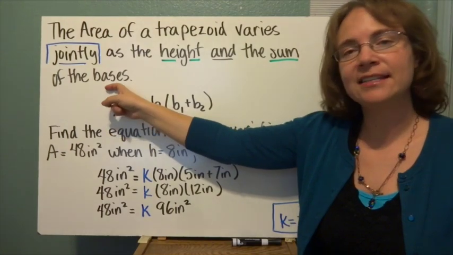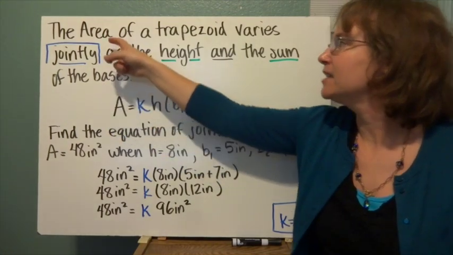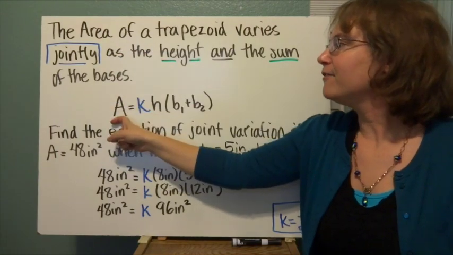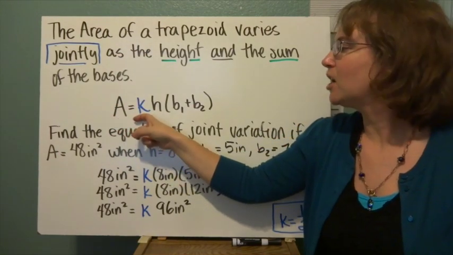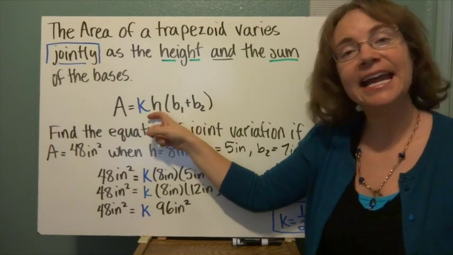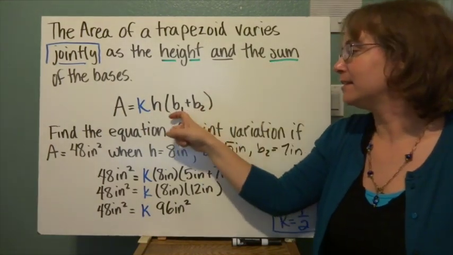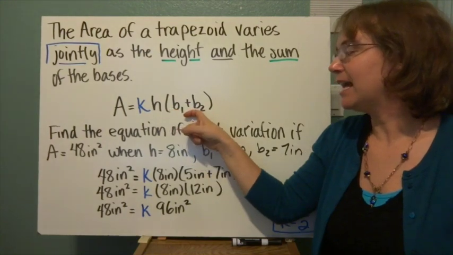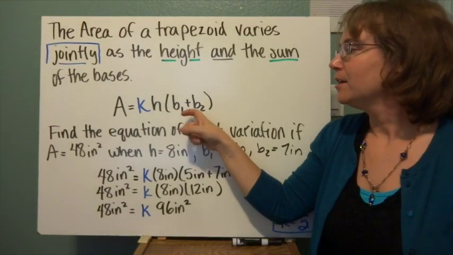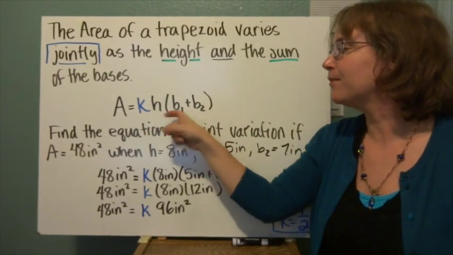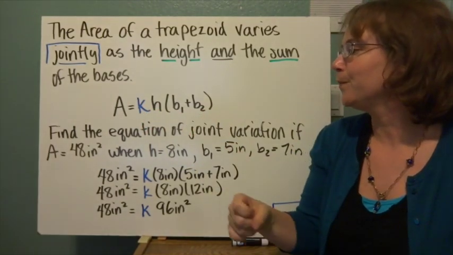So we don't have x's and y's and z's in this case. We have the area varying jointly. So the area varies jointly, I know there's going to be a constant k, as the height h, and as the sum of the bases. So when we add base 1 and base 2 together, my area equals kh times the sum of the bases, b1 plus b2.